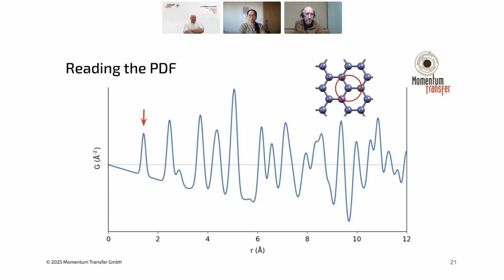The number of units combine to give me the intensity in my peak. So the intensity of that peak is related to the number of neighbors, and the position of the peak is related to the distance between the two atoms.